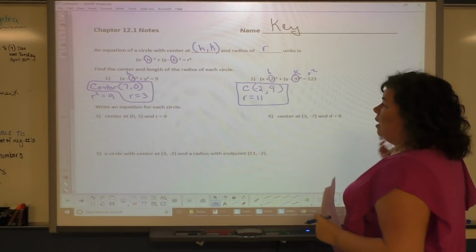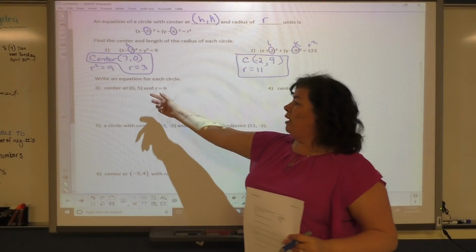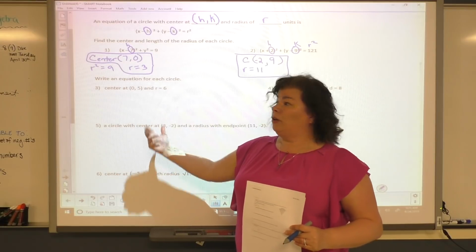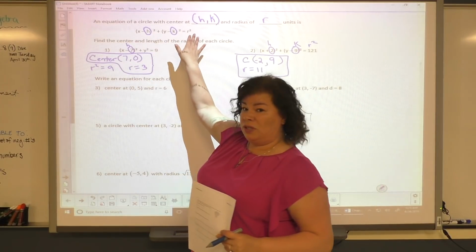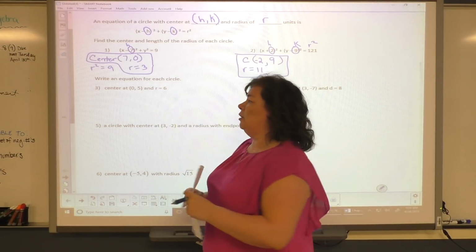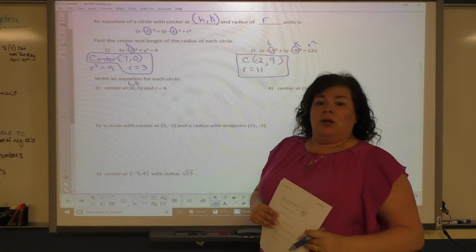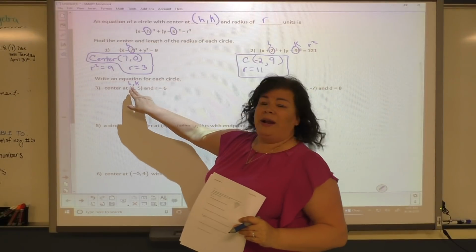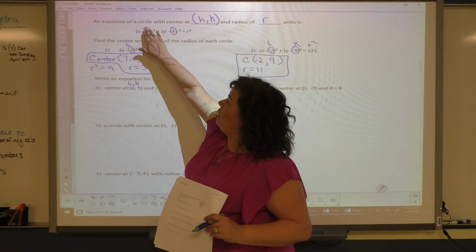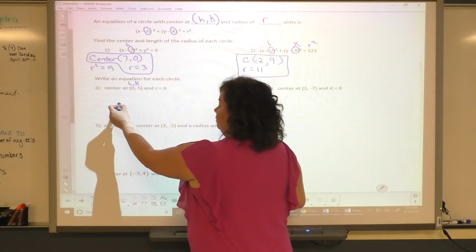All right, now we're going to work backwards. Here, we're given the center of the circle and the radius, and they want us to actually write an equation of a circle. So we're going to use this format. Using this information here, remember this represents our h, and 5 represents our k. If our h is 0, and I put nothing here and simplify that, I'm really going to get x squared.